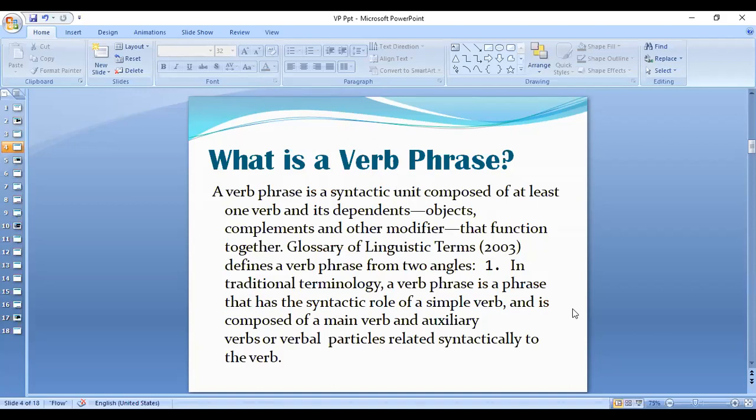In traditional terminology, a verb phrase is a group of words whose head is the verb, that has the syntactic role of a simple verb, and is composed of a main verb and auxiliary verbs or verbal particles related syntactically to the verb. The traditional view defines the verb phrase as the combination of main verb and auxiliary verbs.